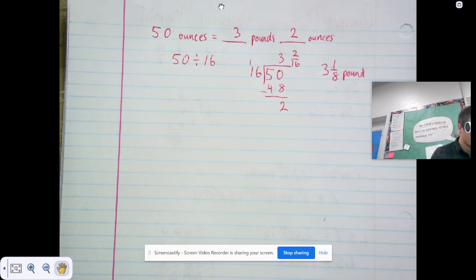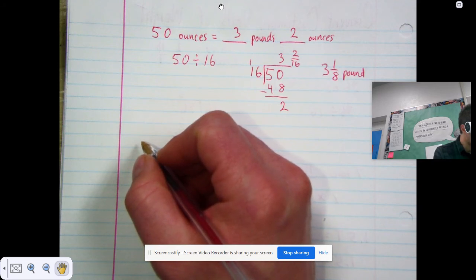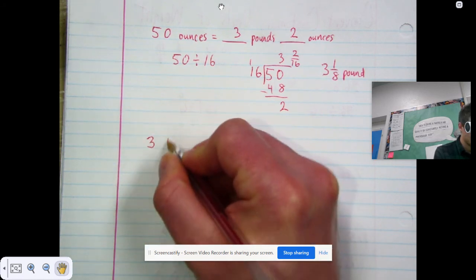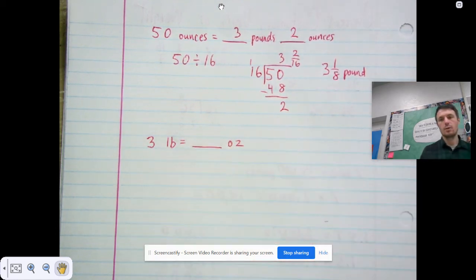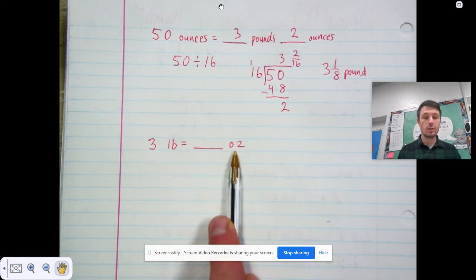Let's do one more together, and then I'll give you some independent practice. Okay. Let's do 3 pounds, and let's change that into ounces. So we have it in pounds here. We're trying to find out what it is in ounces.